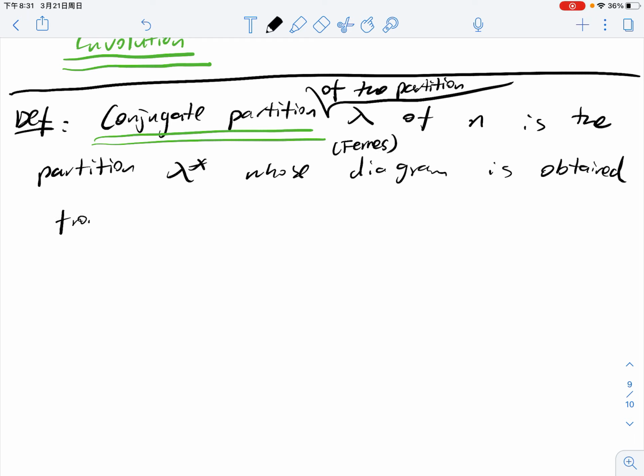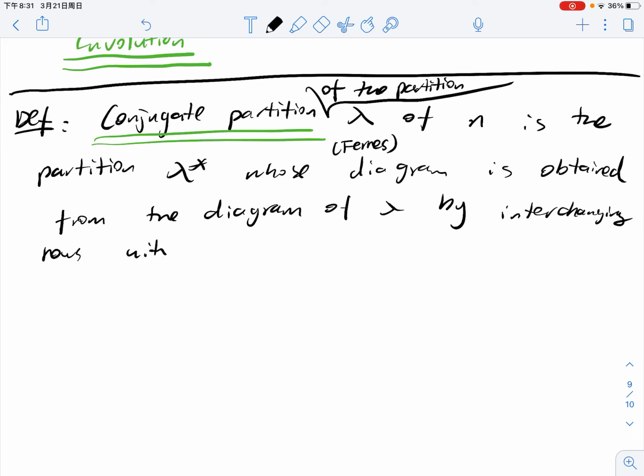here diagram means Ferrers diagram, is obtained from the diagram of lambda by interchanging rows with columns.